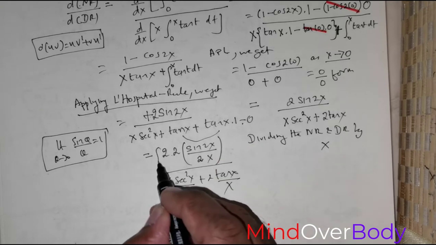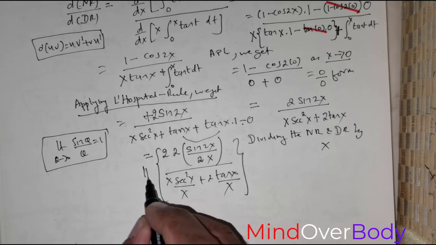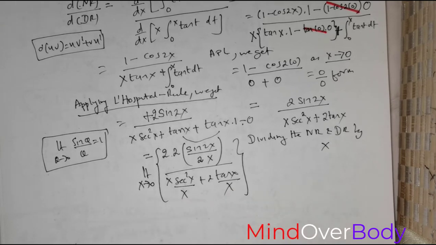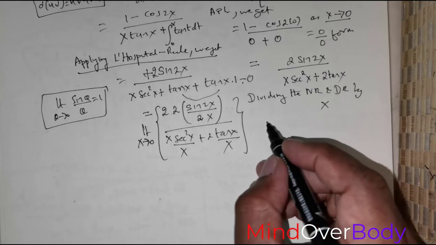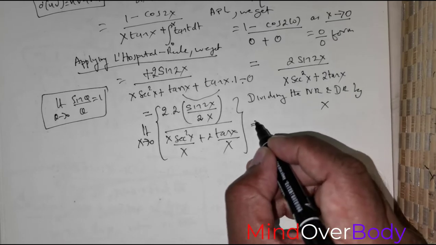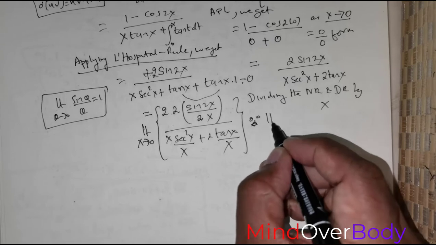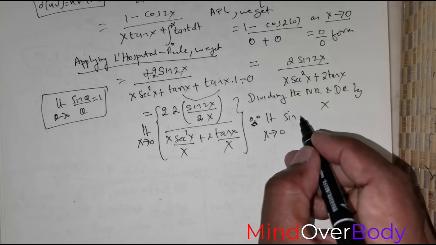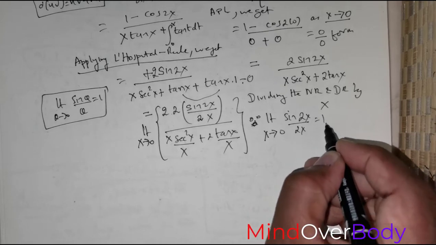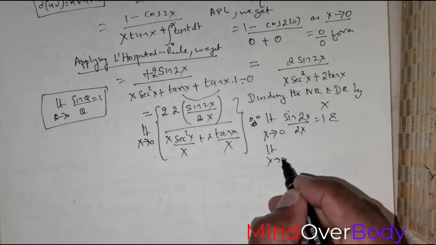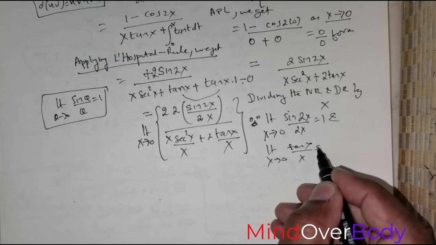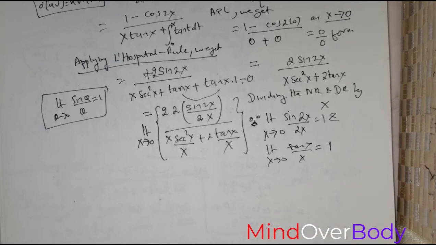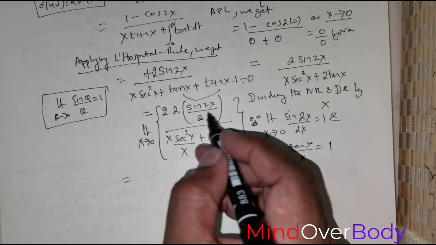Now this entire thing has to have limit x tending to 0. Since limit x tending to 0 of sine 2x over 2x is equal to 1 and limit x tending to 0 of tan x divided by x is equal to 1, we will be using this property. Because of this property, I can clearly have this to be 1.